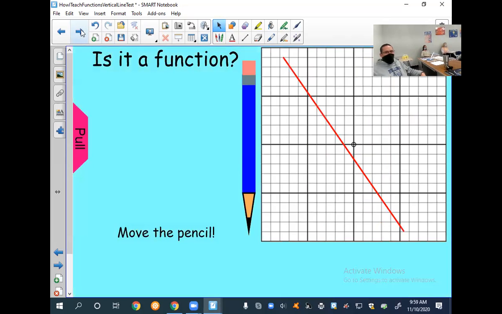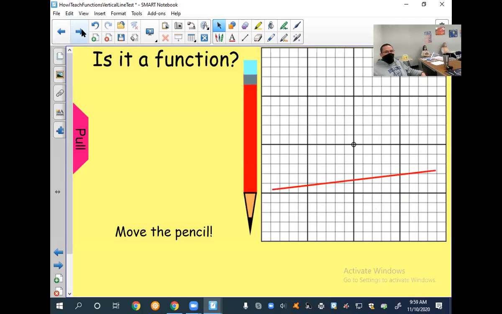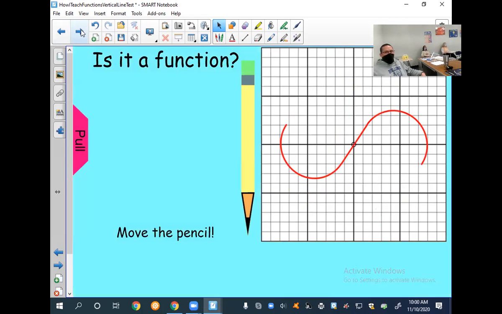Definitely not. This one? Yep. This one? Almost, but right here, does it start to curl back on top of itself? Right there. Look, I can go through 2 points. No bueno.